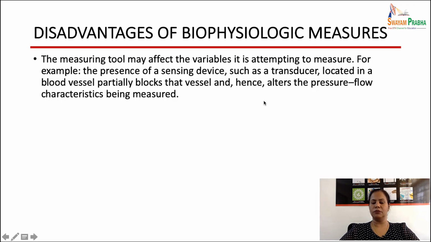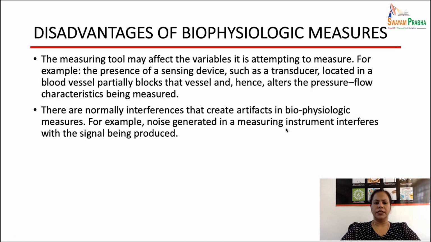So we need to know about all the types of problems which can be encountered while using biophysiological measurements, and we try to take care that those problems are not there, and that we get accurate measurements only. The second one is that there are normally interferences that create artifacts in the biophysiological measures.